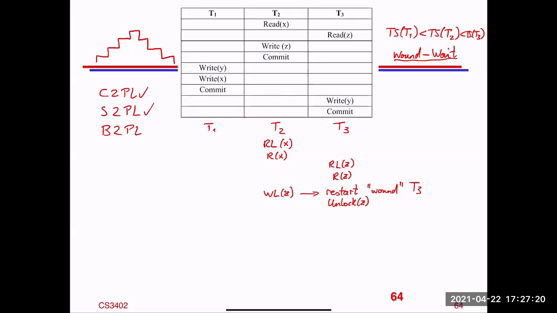So after commit, T1 first or T3 first? I couldn't quite follow that question. Sure.